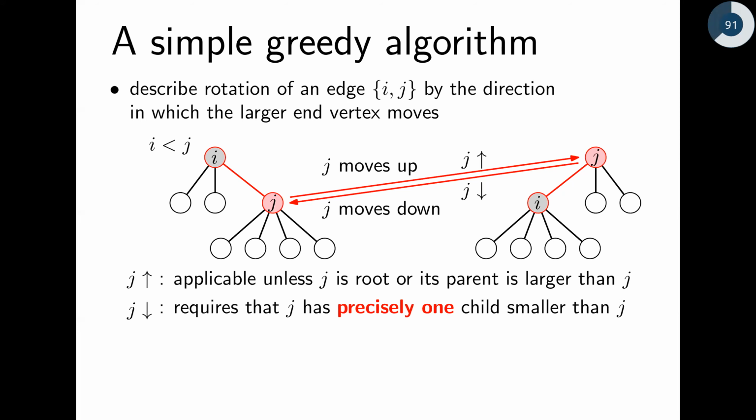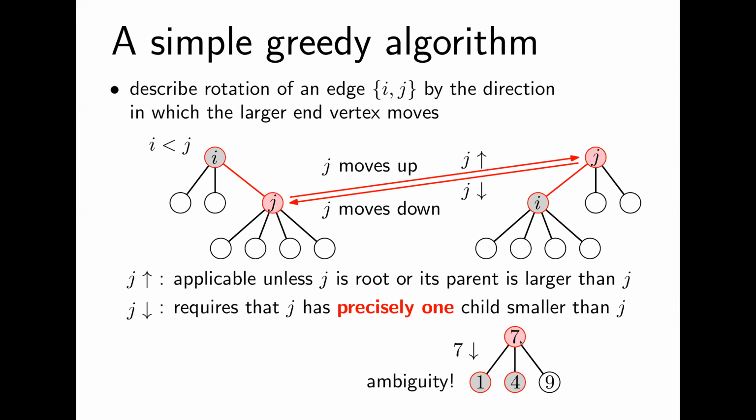For this j down operation, there's a more severe potential problem. If I say j down, then there may be an ambiguity. There may be several smaller children of j, and each of them would qualify for a tree rotation. So if I just say j down, then it's not clear with which one I should rotate.